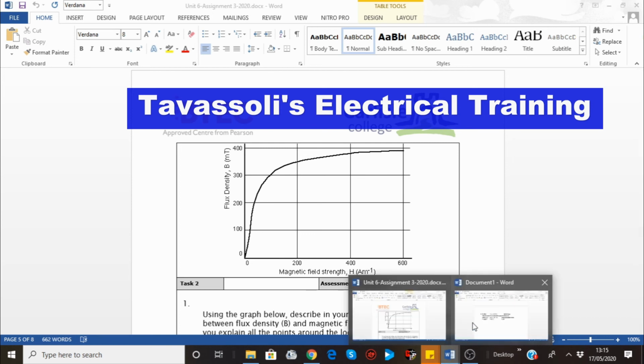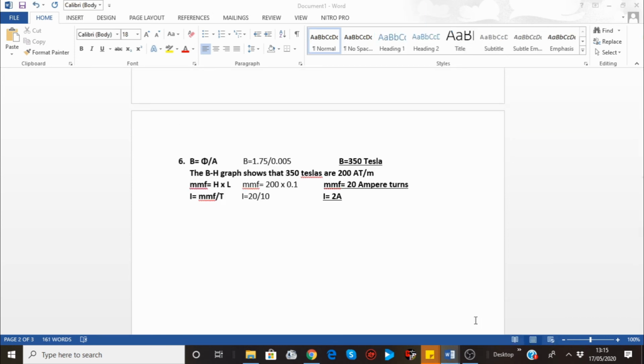So you can write in your assignment from the graph at the flux density of 350 Tesla, the magnetizing force is 200 ampere turns per meter. So H is 200 ampere turns per meter.